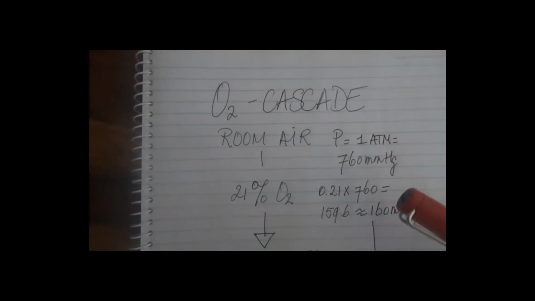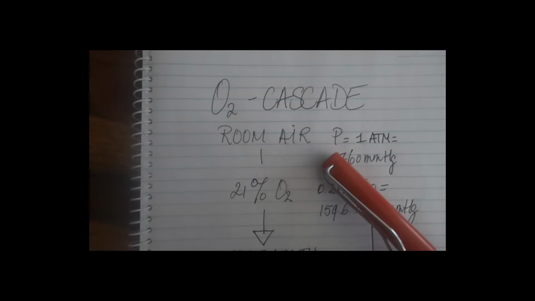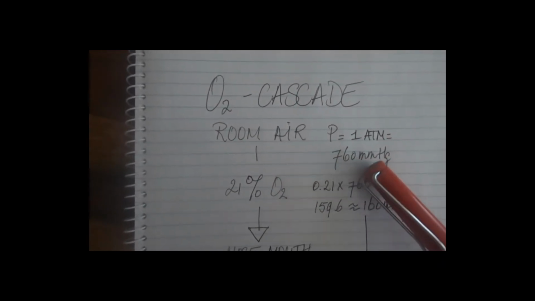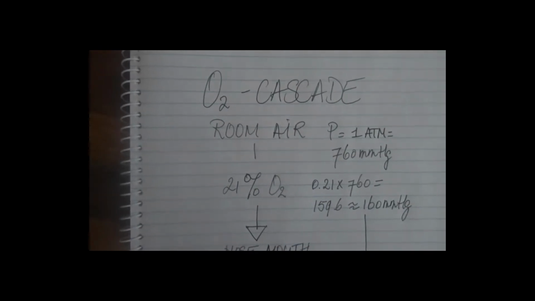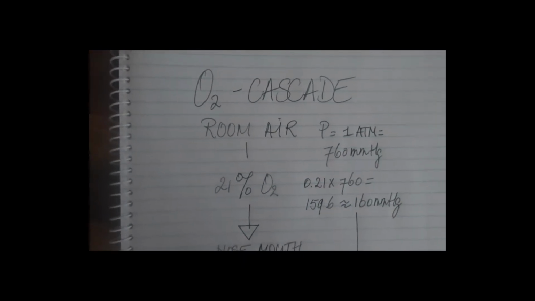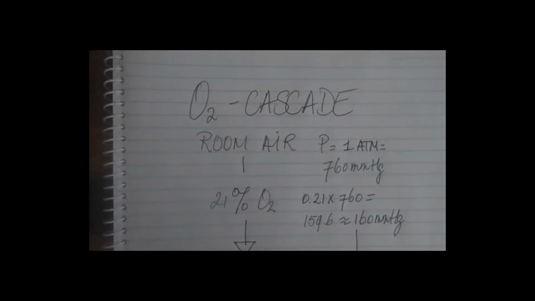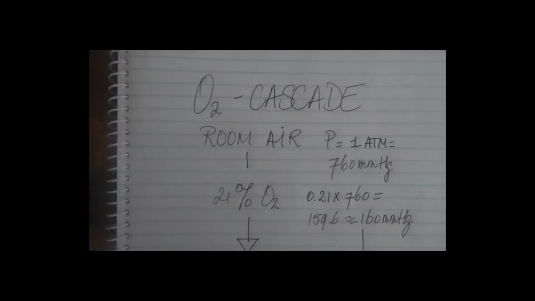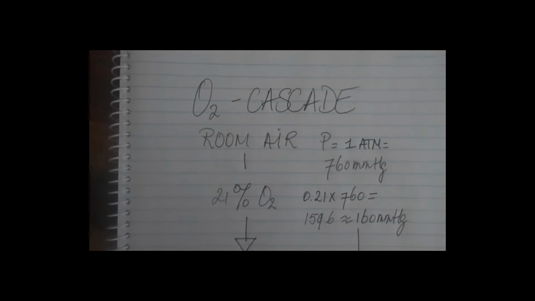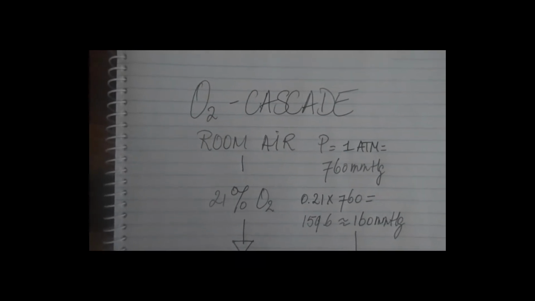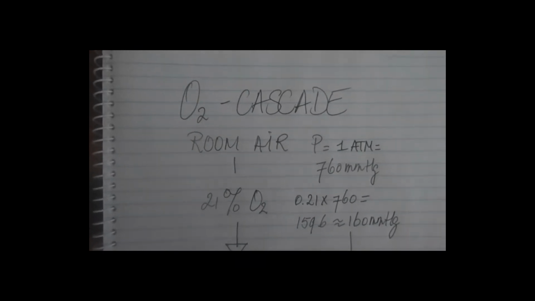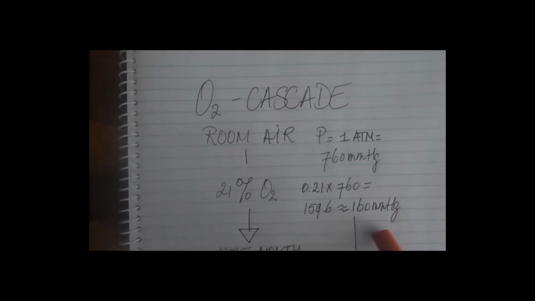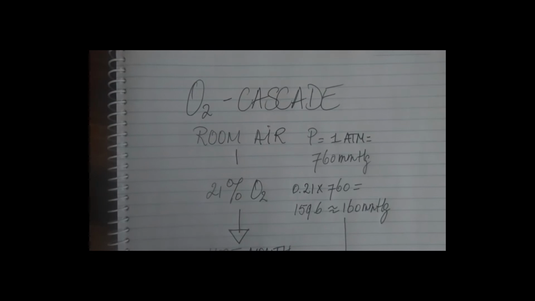Alright, so now we've just looked at that practical example. Let's see how this works. In room air we have a pressure of about 1 atmosphere, which translates to 760 millimeters of mercury. Now room air is 21% oxygen. That means that the partial pressure of oxygen in the air is 0.21 times 760, which is 159.6, and that is approximately 160 millimeters of mercury.